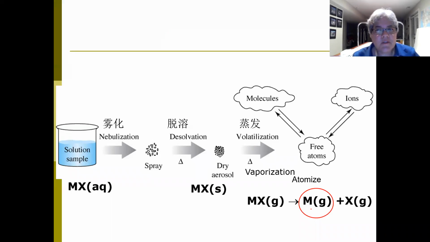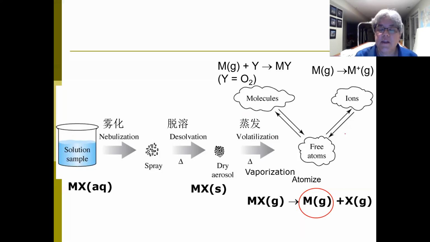Now, sometimes there's other chemistry that goes on in that flame. One thing that often happens is that free gas atom will combine with something else in the flame, often oxygen. This is very common, and form some kind of oxide. Sometimes that free metal atom can become ionized, so you get M+.